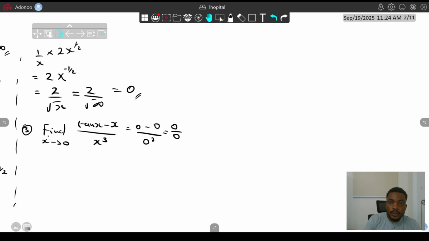So we can apply L'Hopital's rule. We let f of x be equal to tan x minus x, and then g of x be equal to x cubed.